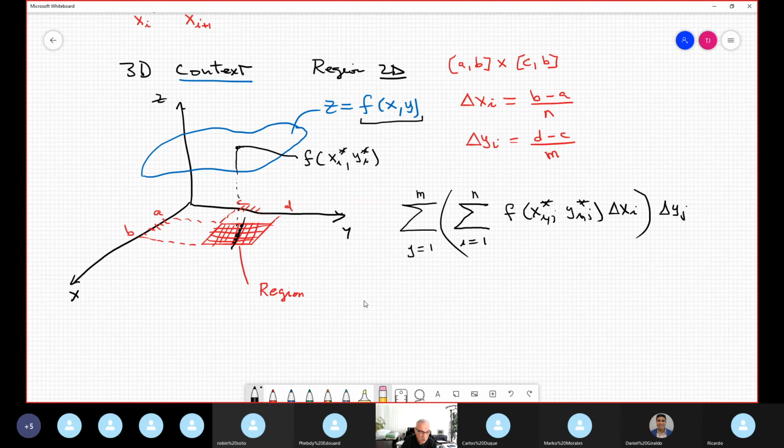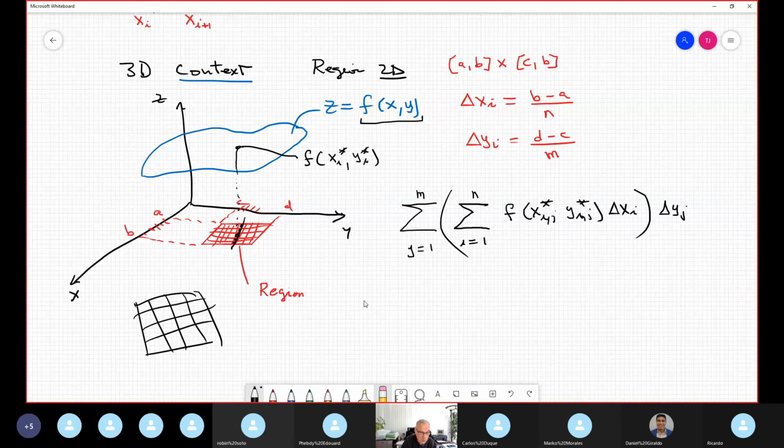Because suppose we have a 4-by-4 partition, actually we have 16 rectangles, no? The first one is 1-1. The second is 1-2, no?